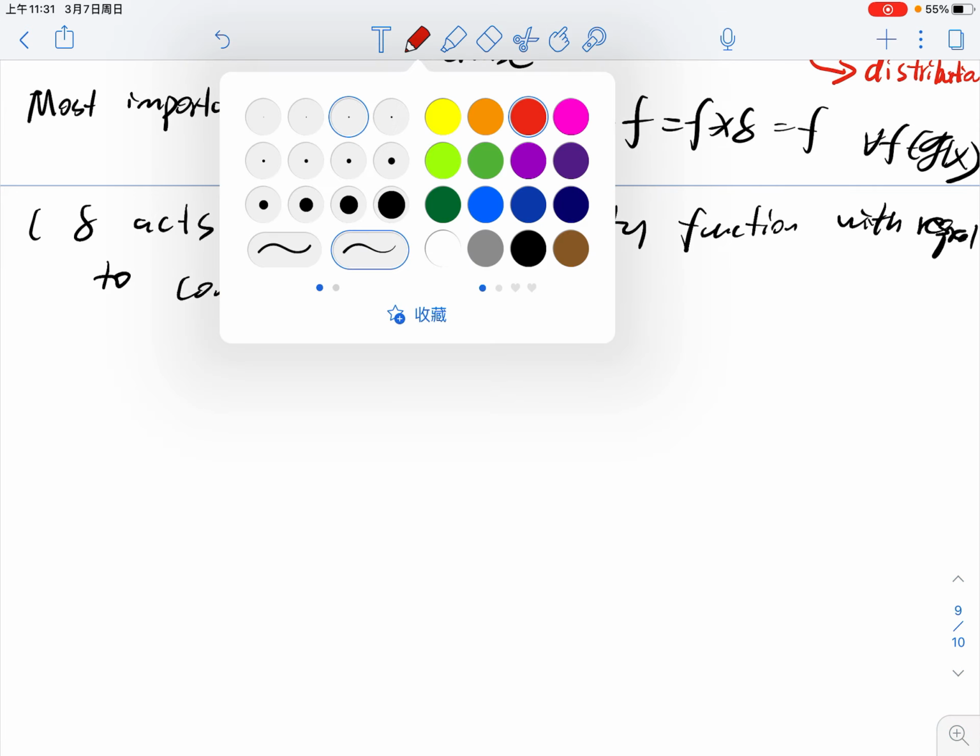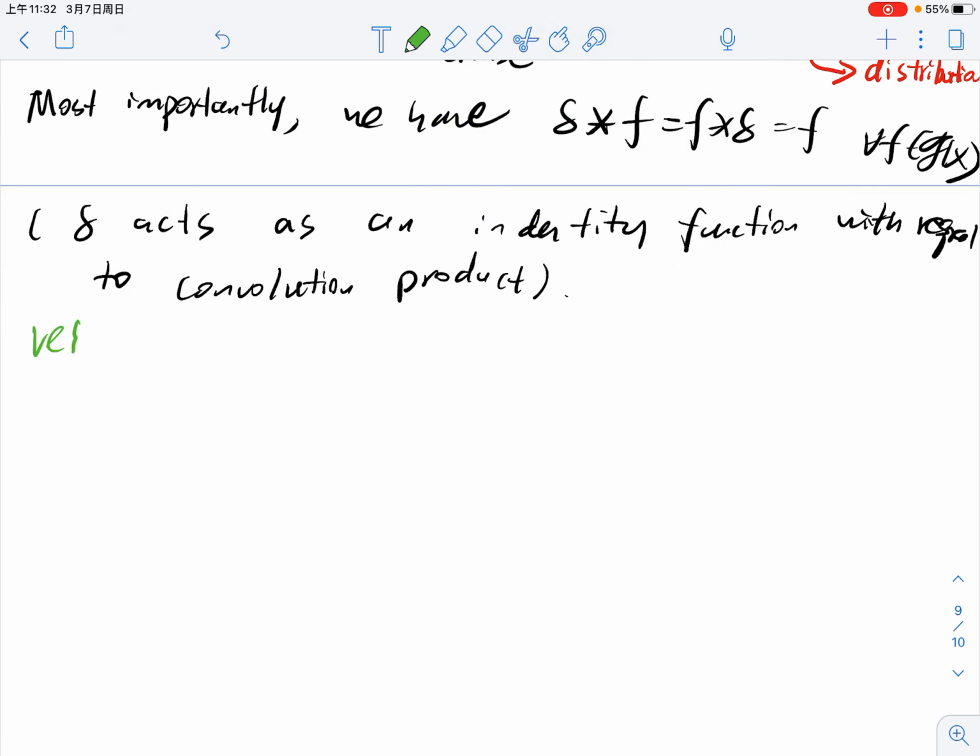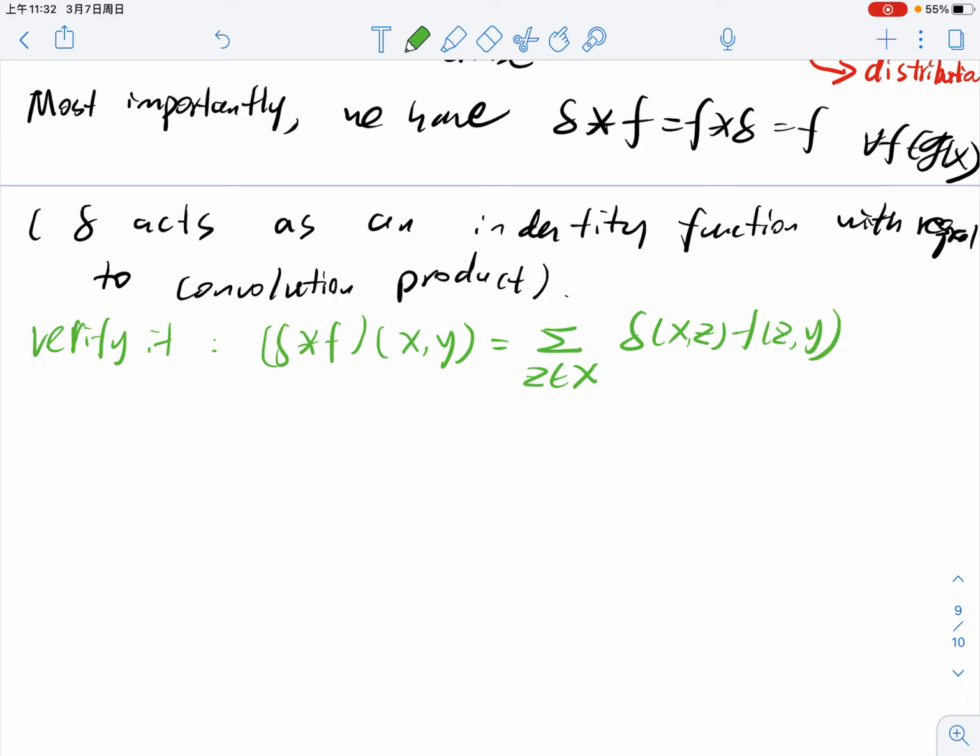Okay, so let's verify it. It's not hard. I suggest you do it by yourself as well. By definition, this is just a summation over all z in X of delta(x,z) f(z,y). But by the property of delta, the only non-trivial value is when x equals z.